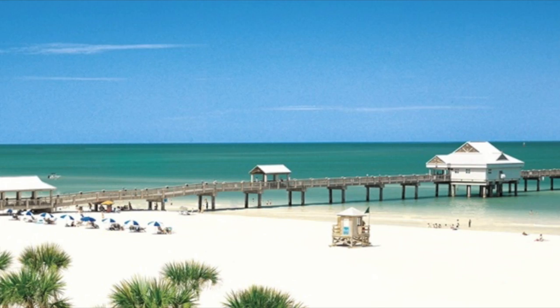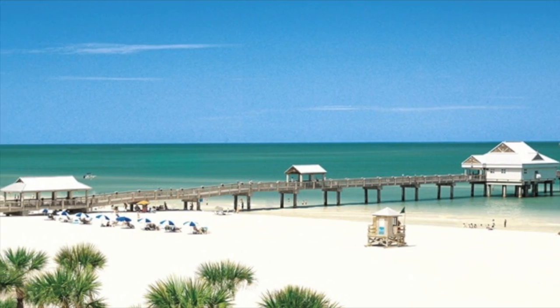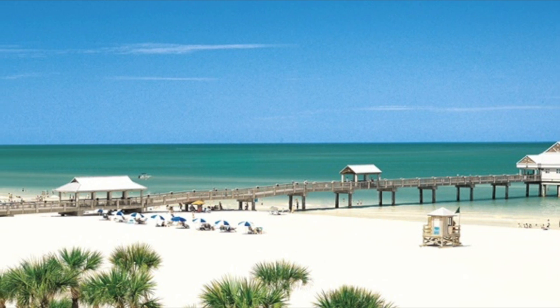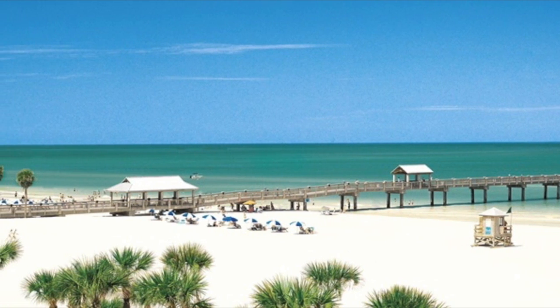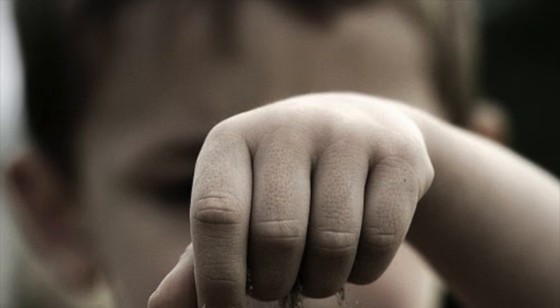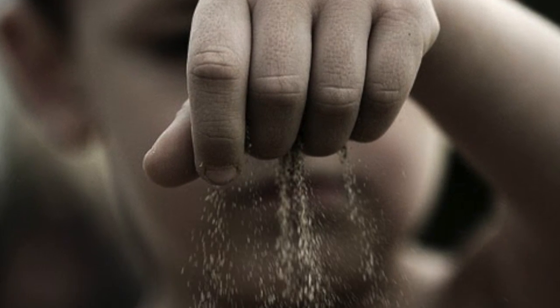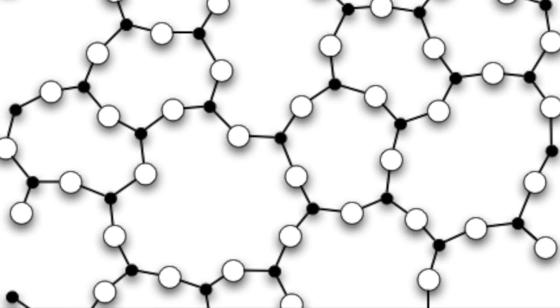For example, when you view a beach from a distance, it looks like a continuous solid substance. As you get closer, you see that the beach is really made up of individual grains of sand. As we examine these grains of sand, we find they are composed of silicon and oxygen atoms connected to each other to form intricate shapes.